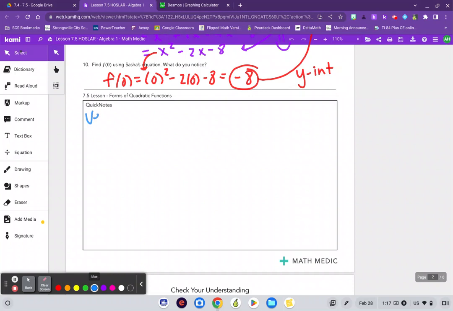We're going to say vertex form, and then intercept form, and then standard form.